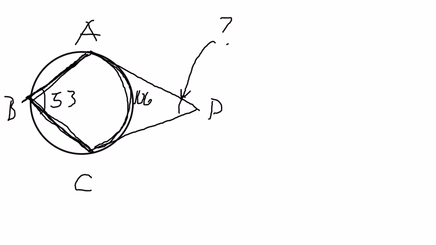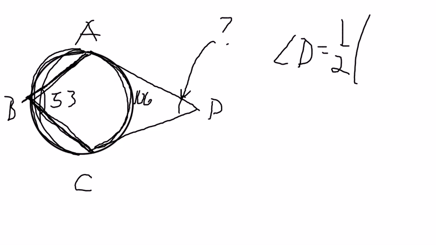Okay. So angle D is going to be 1/2, because remember it's outside the circle. So it's 1/2 of the difference between this arc, arc ABC, and arc AC. Alright, now we need to find this arc.